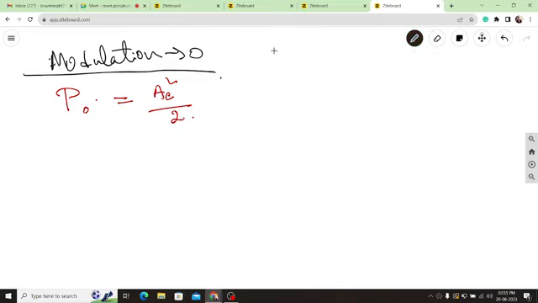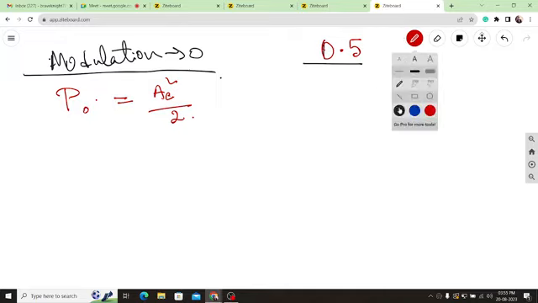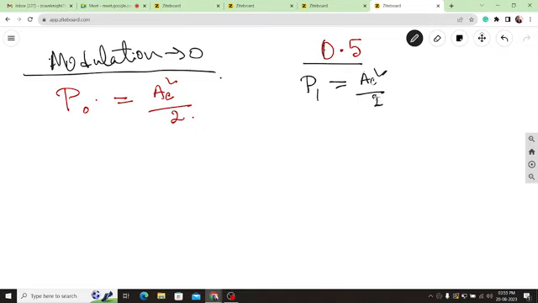When the modulation index is 1, this P1 becomes C squared by 2 into 1 plus mu squared by 2.